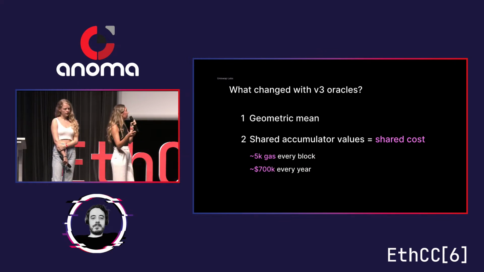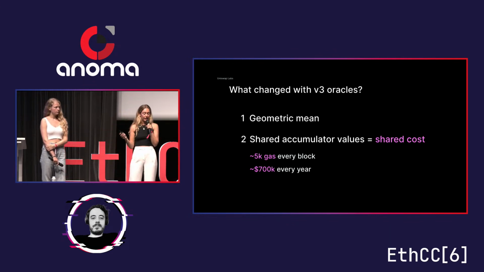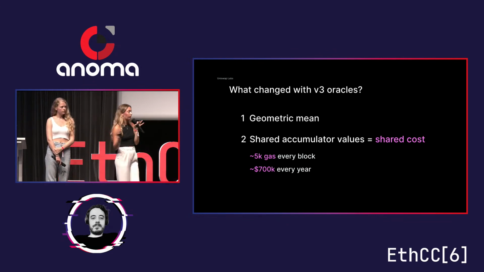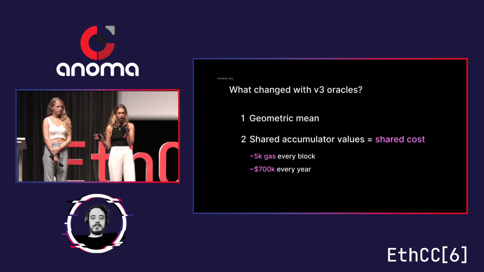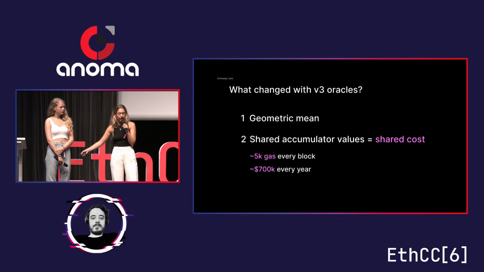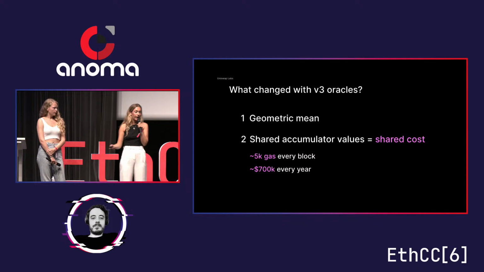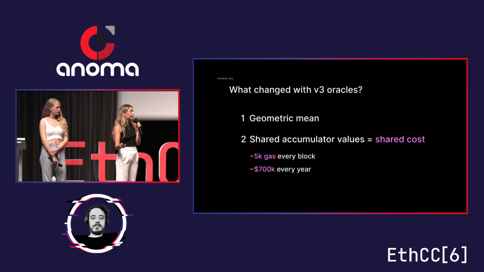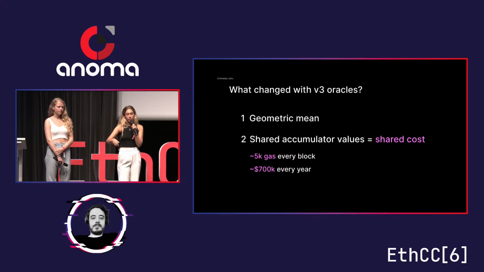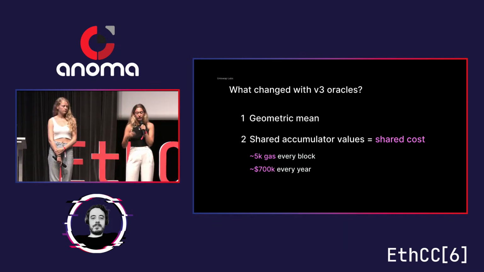Some quick math here: the Oracle gas overhead is conservatively around 5,000 gas every block. If we assume a pool is touched on every block in a year, that's around $700,000 in gas overhead. And as a reminder, this is per pool. Oracles might not even be used on certain pools, so that is just extraneous cost being put on the swapper.